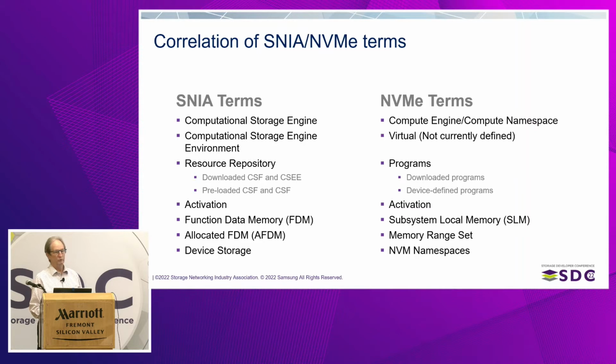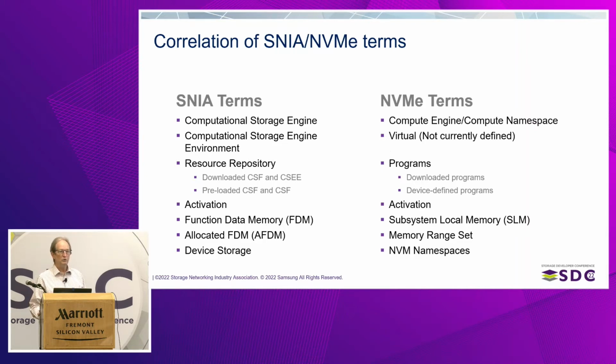It may have only downloaded, it may have only preloaded, it may have a combination. Within NVMe we have programs, and the programs are loaded at an index or associated with an index. You have both downloaded programs and device-defined programs, which is the terminology that NVMe has used for the preloaded programs.